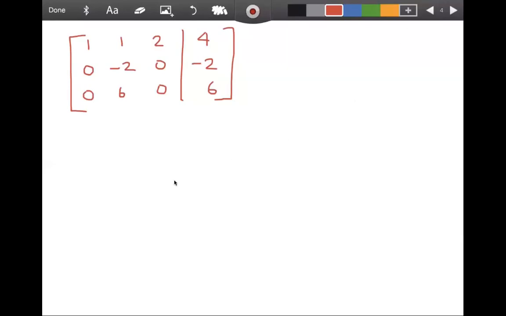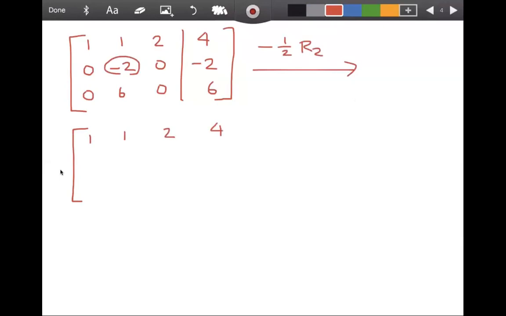All right, so now we're ready to pivot about the -2 that you see here. So the first step is to multiply that row by -1/2. We're not doing anything to row 1 just yet. 1, 1, 2, 4.